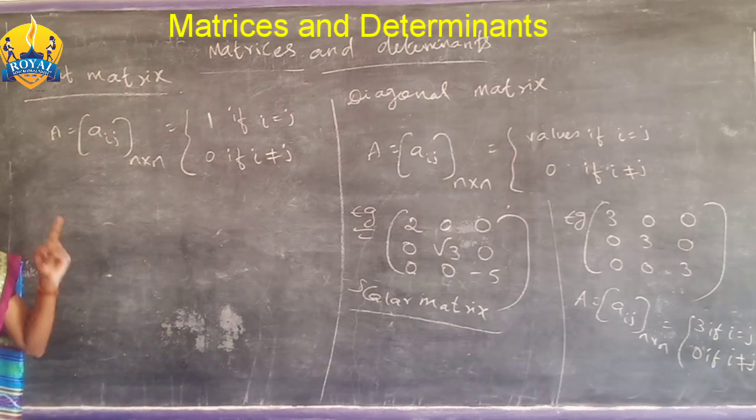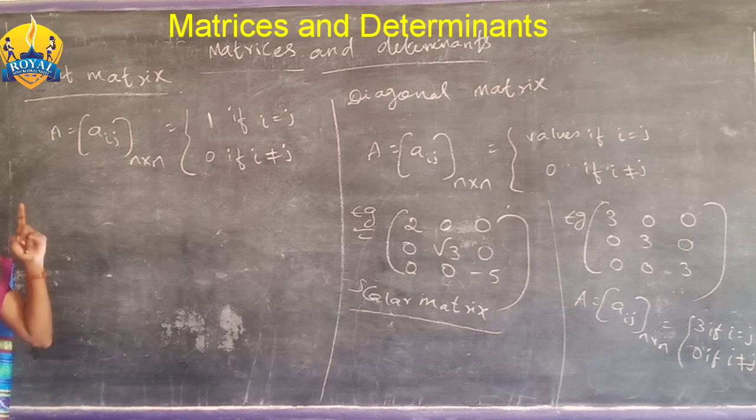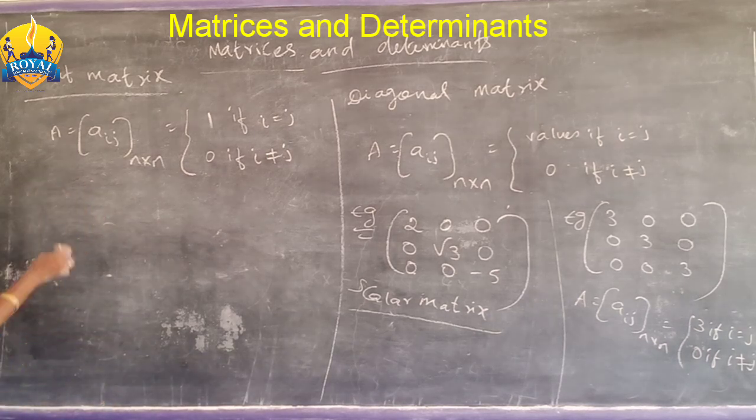So if all my main diagonal elements are equal to 1, that matrix is called a unit matrix.